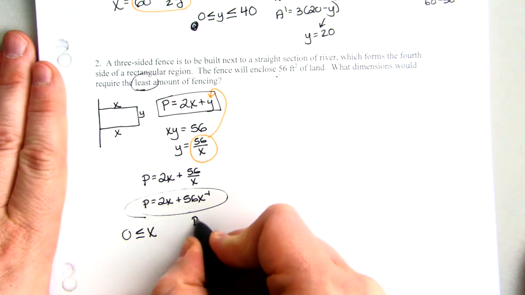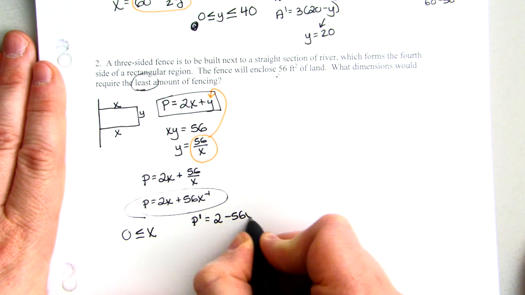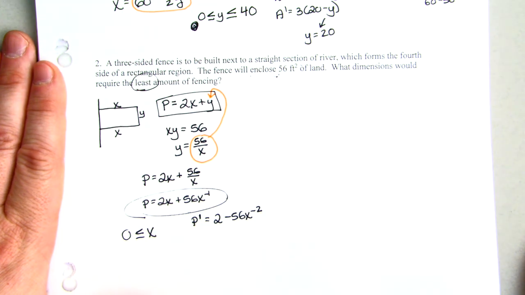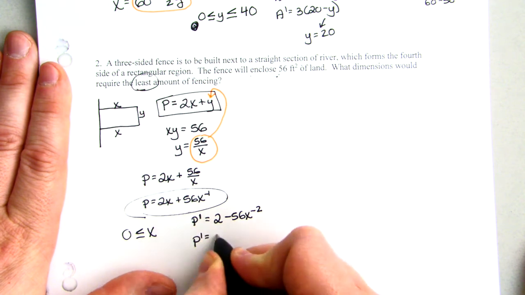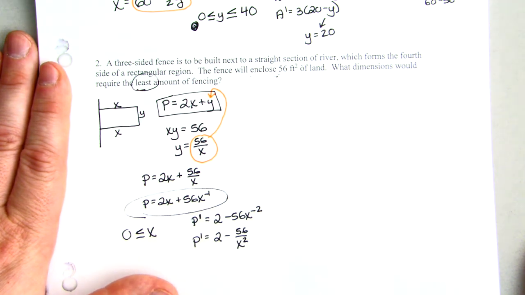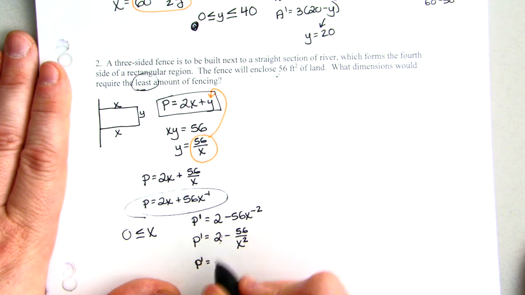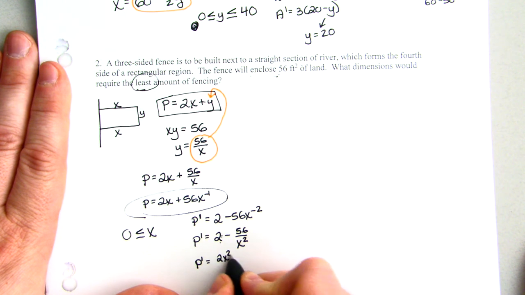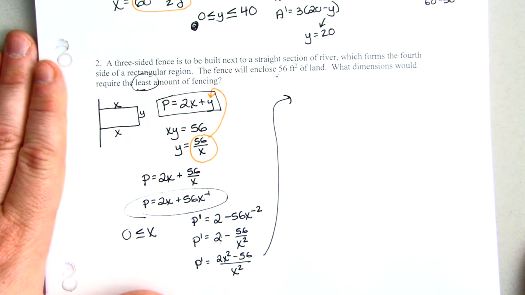Okay, so my derivative is P prime equals 2 minus 56x to the negative 2. Okay, so P prime equals 2 minus 56 over x squared. Should probably get a common denominator here. I'm going to multiply this by x squared over x squared and say 2x squared minus 56 over x squared. That denominator just gives me 0.